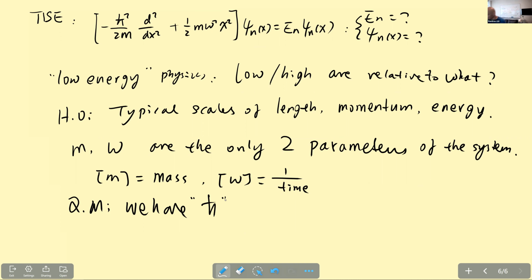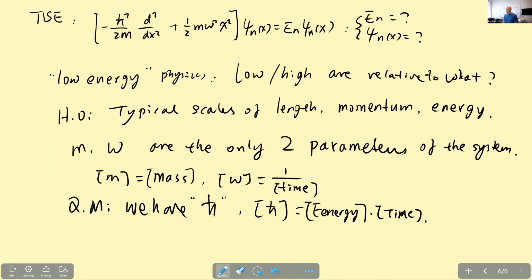So that means we have another parameter which gives us the dimension of energy times time.